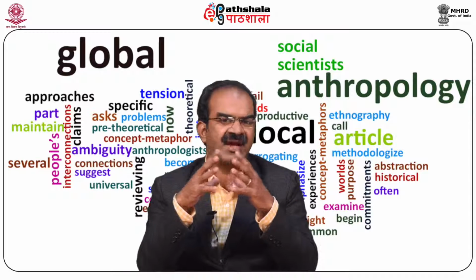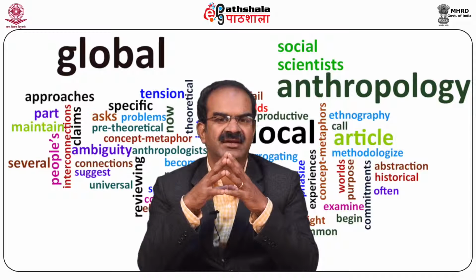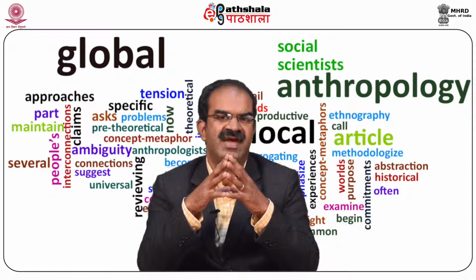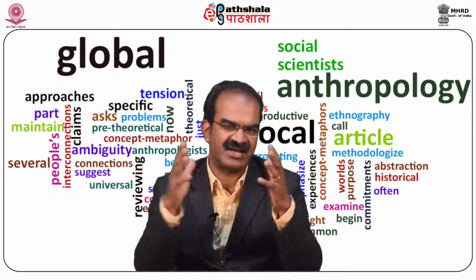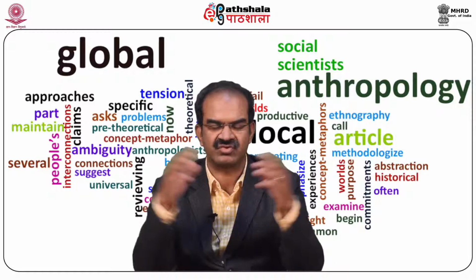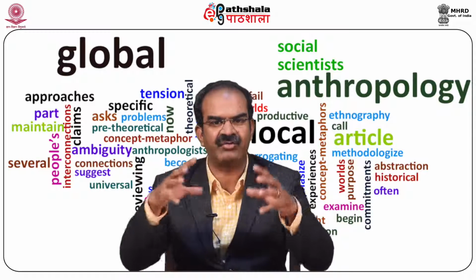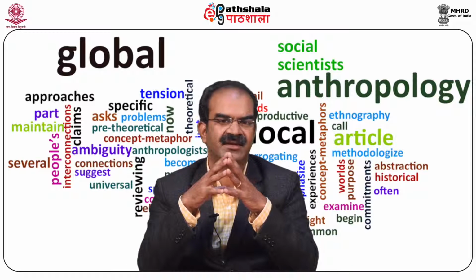So in that sense, cognitive anthropology primarily believes in understanding people's classification of the world, which can be natural, social, and cultural world. So how do we categorize this natural world? How do we categorize the social world? People are like this, some people are this, some people are that. So how do we categorize the entire society?